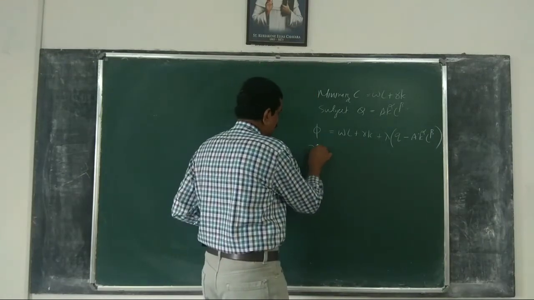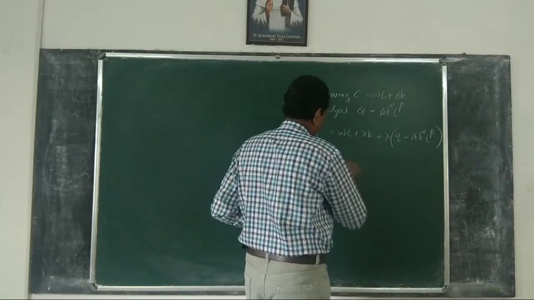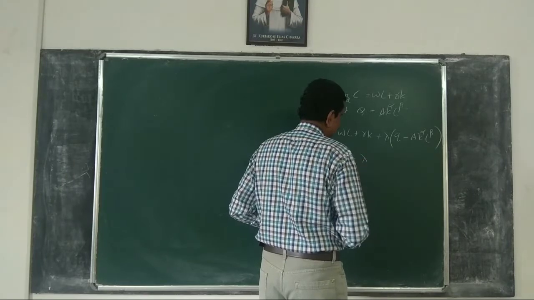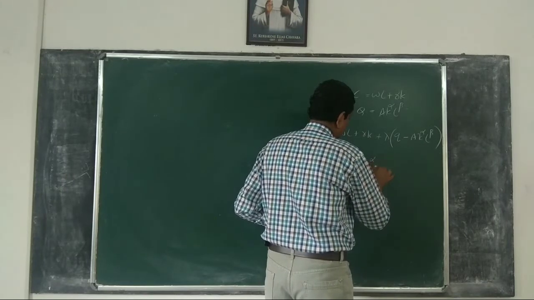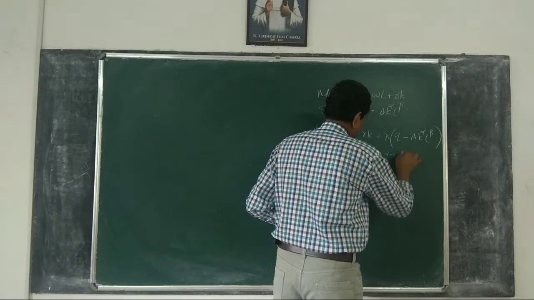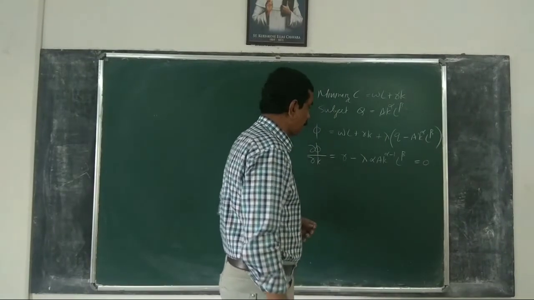Then dou phi by dou K is equal to R minus lambda into alpha A K raised to alpha minus 1 L raised to beta equated to 0.